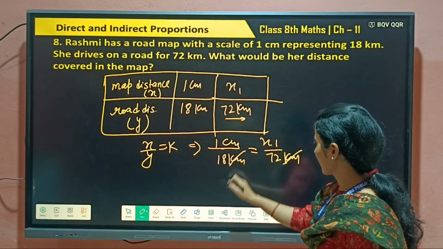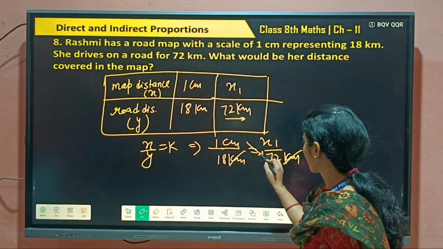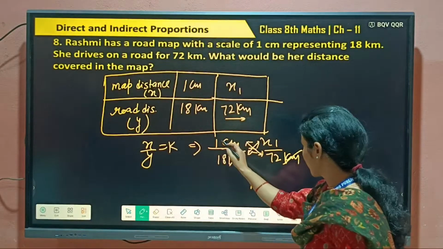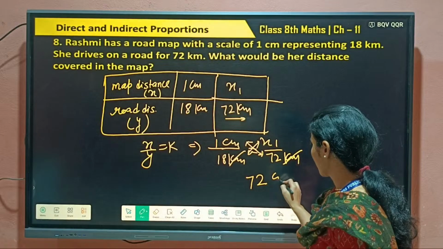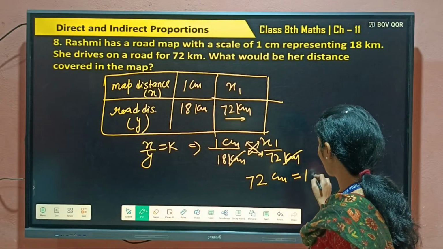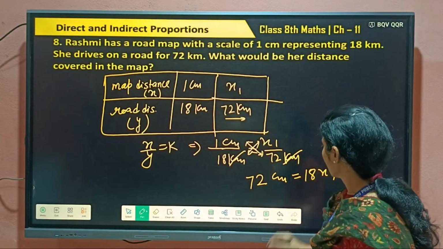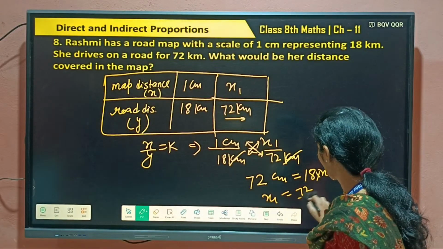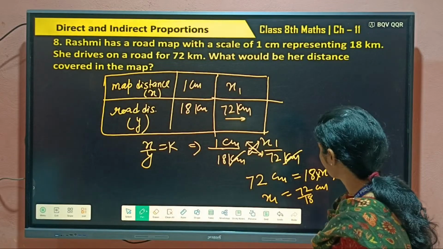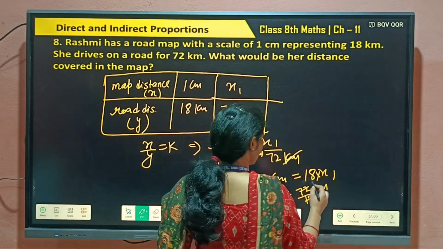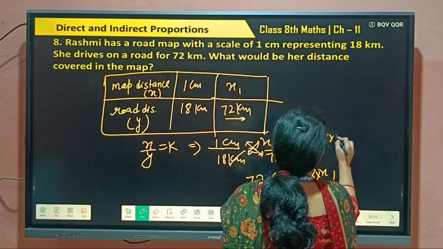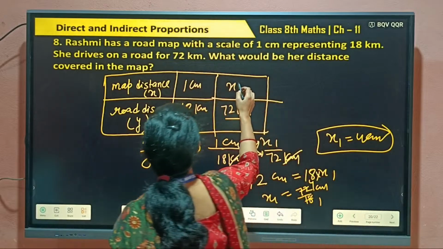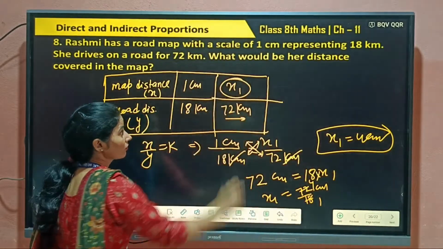Kilometer cancels kilometer. Using cross multiplication, 1 centimeter into 72 equals 18 into x1. So x1 is 72 by 18 centimeter. 18 fours are 72. x1 is equal to 4 centimeter. So the distance on the map is 4 centimeter.